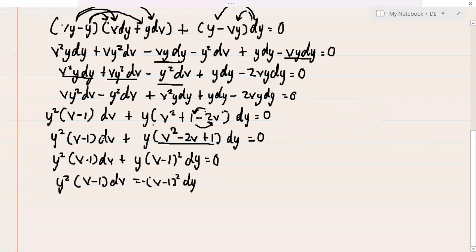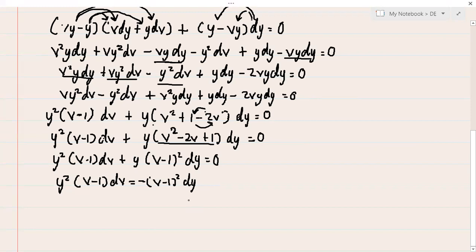Negative pala to guys, sorry. It's negative. Okay? Wait lang. Okay, y pala to. Is equal to negative. There.